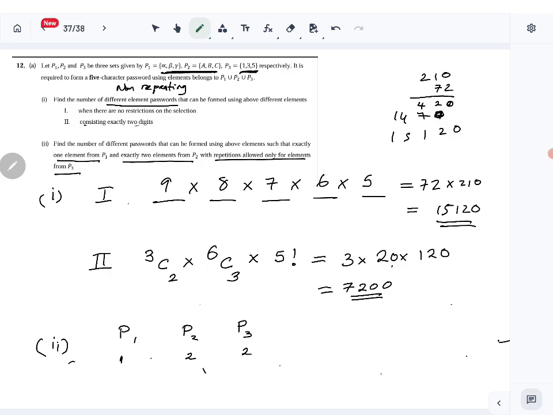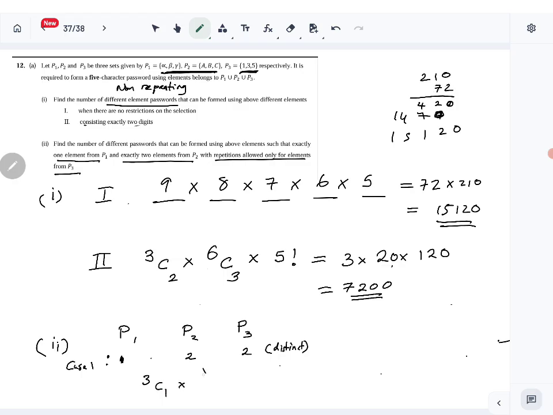So this is case 1: 1 from P1, 2 from P2, 2 from P3. Let's consider the distinct, non-repeating case. Then how many arrangements are possible? From P1, you want to pick 1 out of 3, so 3C1.